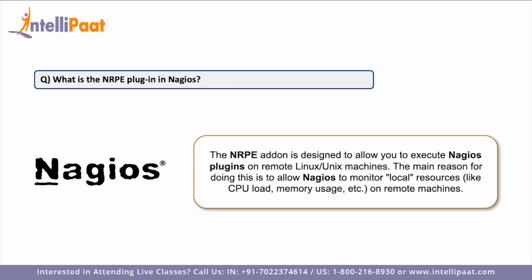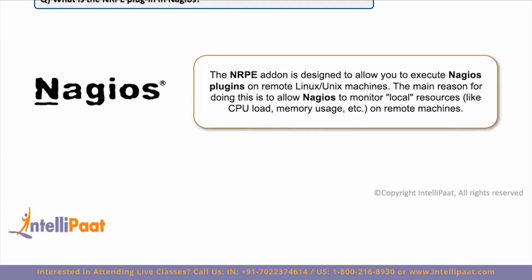Nagios being a monitoring tool, you just have to install the NRPE extension on the client machine, and it will give you real-time data of the resources being consumed on that particular client machine. And obviously, when you're working in a production environment, you will be monitoring multiple machines, and with NRPE plugins installed on each of those machines, you can easily monitor their resources at one central place. And that is exactly what the NRPE plugin is.